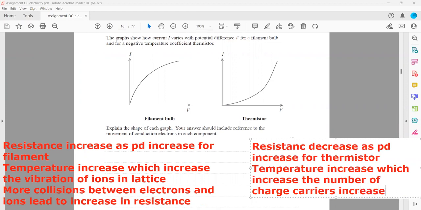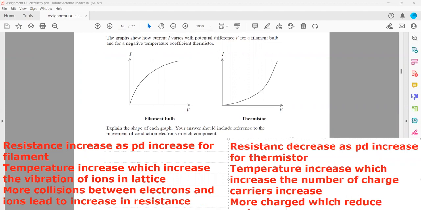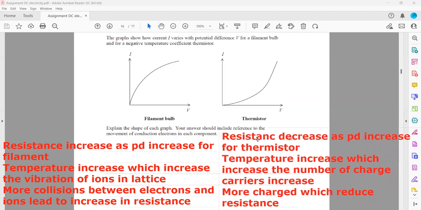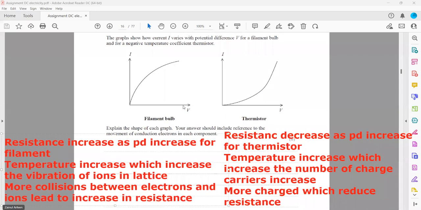As a result, there are more charges, which reduces the resistance. So this is the comparison between the filament and the thermistor. Is it clear, this one?